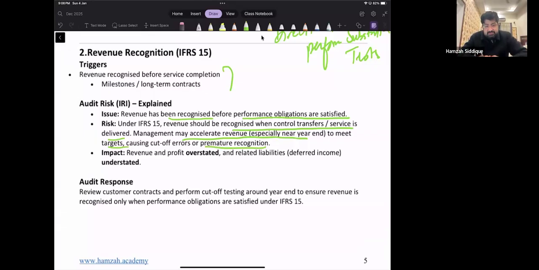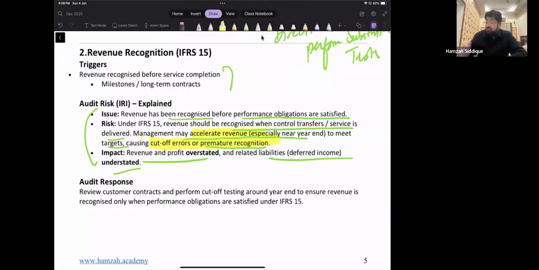What is the impact? Revenue and profits overstated and deferred income understated. Now, this is the whole risk. What is the risk? Management may accelerate. Cut-off error, premature recognition. This is the risk.